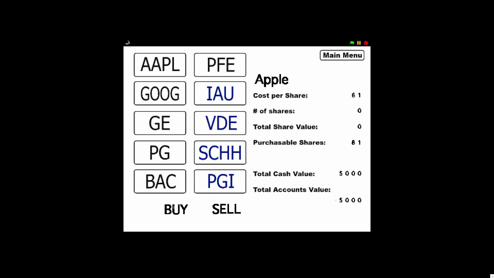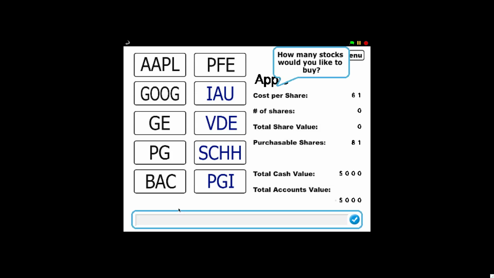You just click on either buy or sell. Let's buy 30 Apple stocks.